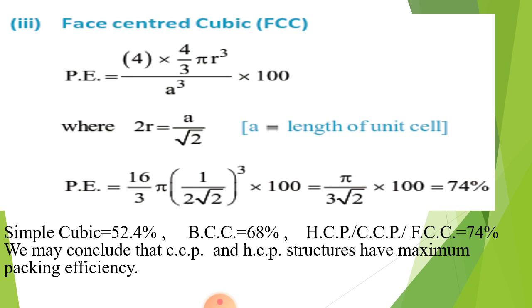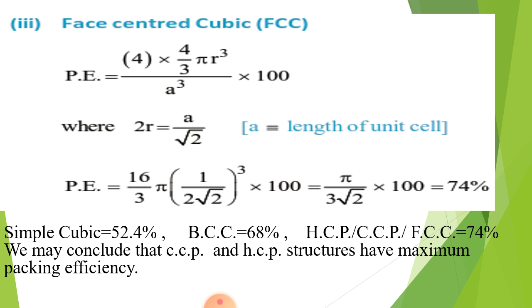Now third, the face centered cubic unit cell. FCC contains 4 atoms. That's why the packing efficiency is equal to 4 into the volume of one atom, 4/3 pi r cube, divided by the volume of the cubic unit cell, a cube, multiplied by 100. Here you have to find the face diagonal. One side a, second side also a, and the face diagonal is root 2 a.